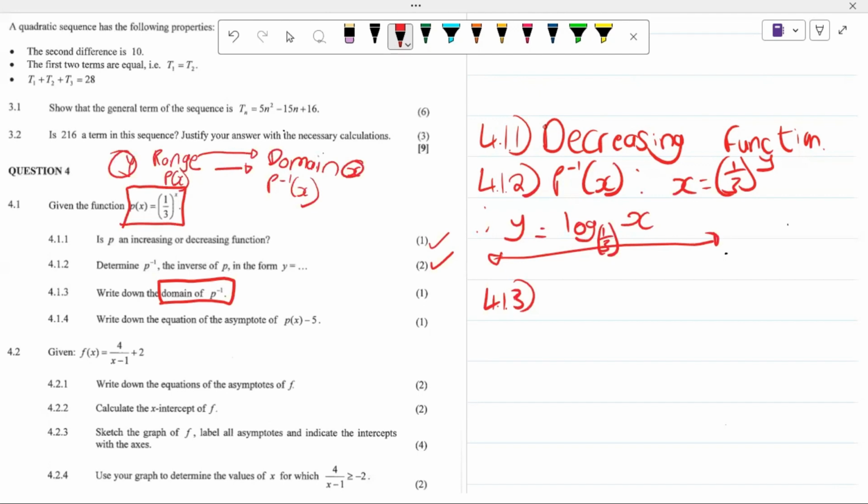So maybe to just give you guys a visual representation now, already I know that my y-intercept is going to be (0, 1). And then here I have my horizontal asymptote, and then what else do I have? My value for b is 1 over 3, so it's a decreasing function, so it's going to be something now like this.